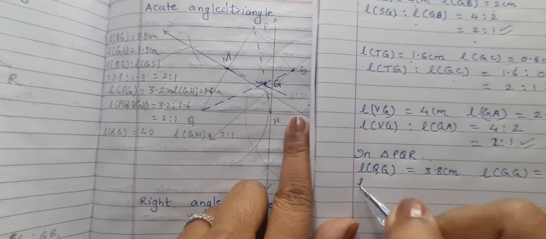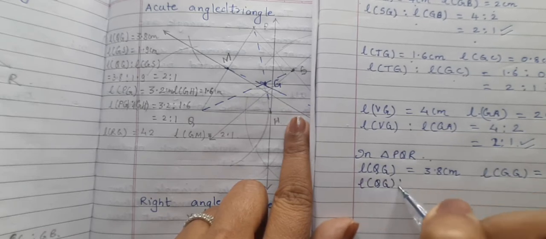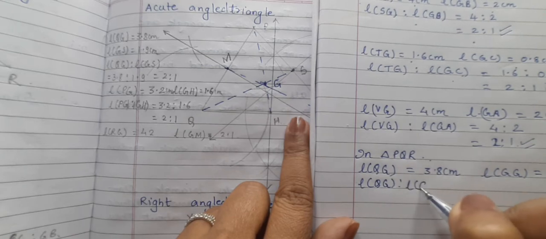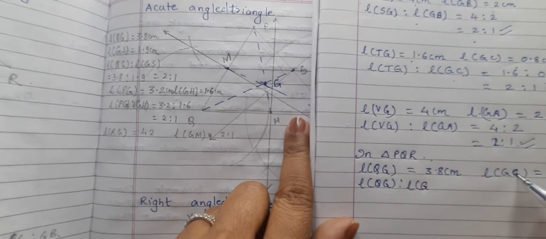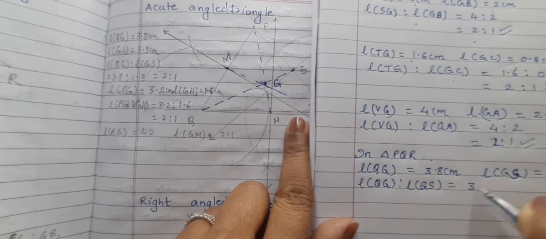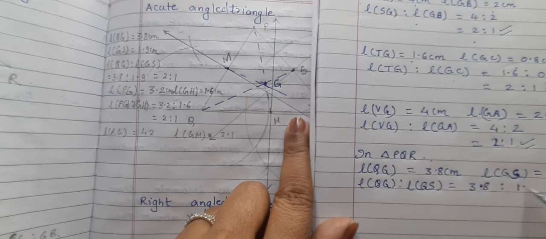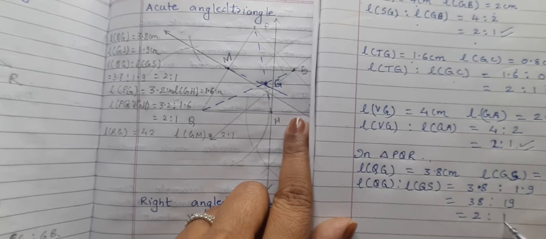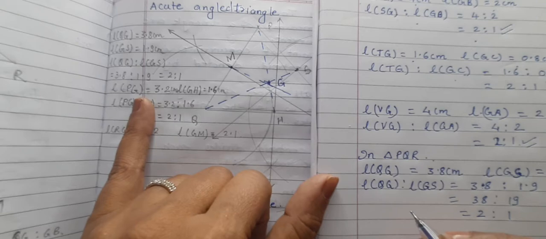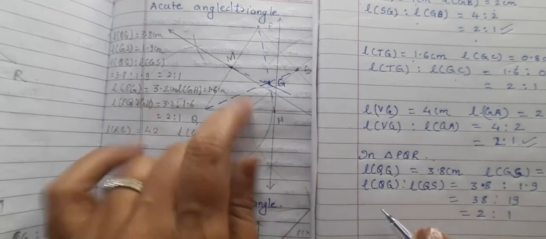When I calculated the ratio of length of QG to length of GS, that is 3.8 to 1.9. The point gets cancelled, so it is 38 to 19, that is equal to 2:1. Now after that, I calculated the length of PG.